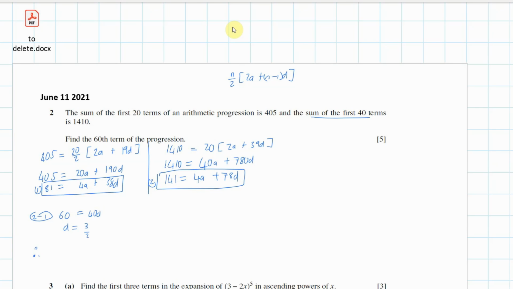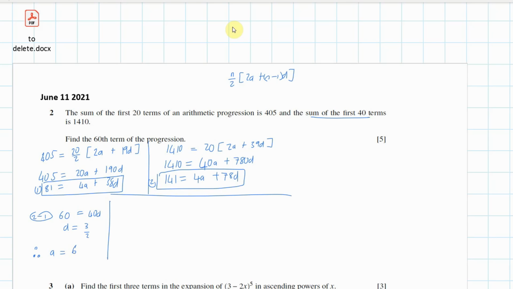And therefore a equals, now we can just substitute that back into the formula. So 81 take away 38 times 3 over 2 should give us 4a, which is 24. Divide that by 4. So I'm getting 6 is what a is, just using substitution there.